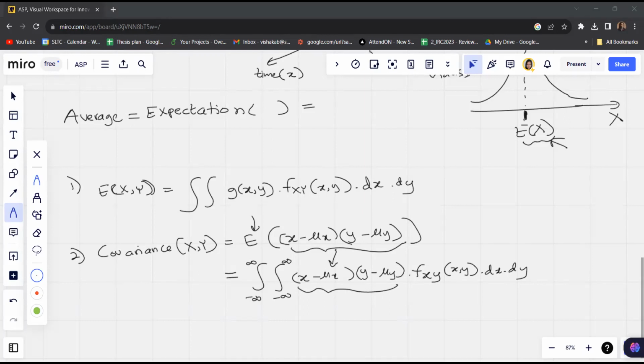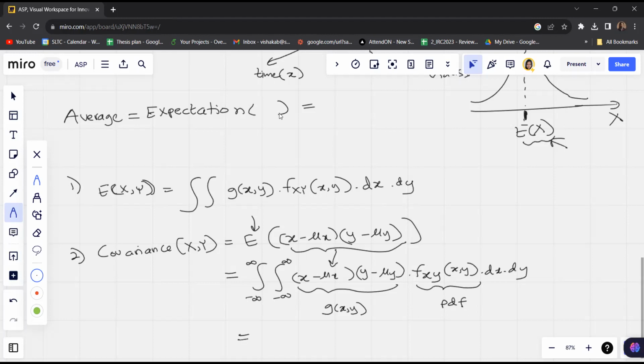This is the probability density function. So you take the product between this, the g of x y function that we talked about earlier, and the PDF function, and by doing the product, we can find the covariance value, right?